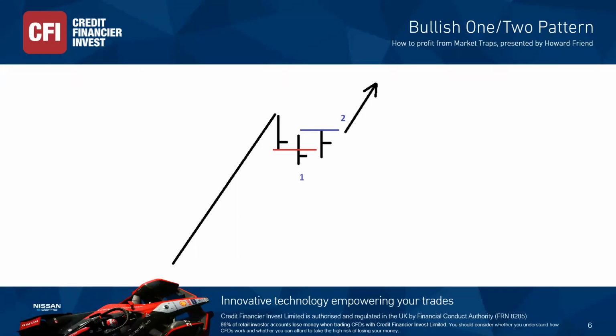Now once we've got this 1 to the downside, the objective is to wait for the market to break through the highest high for the last 2 bars. So at the end of this bar, we can draw a blue line, or whatever color line you wish, at the highest high for the last 2 bars. At the end of this bar, this blue line is up here.